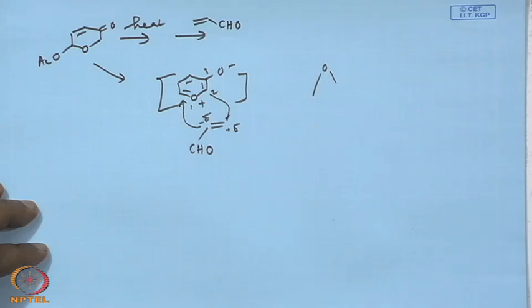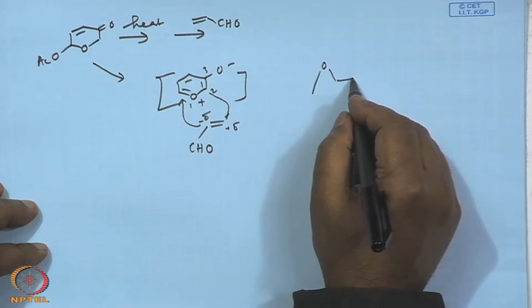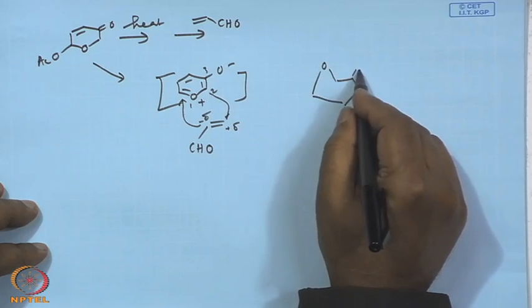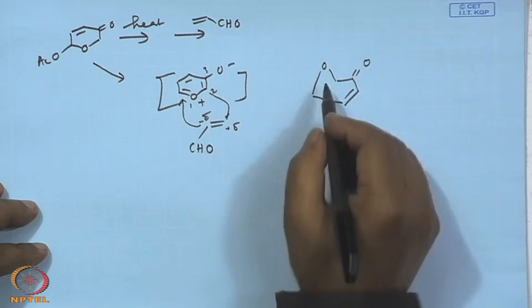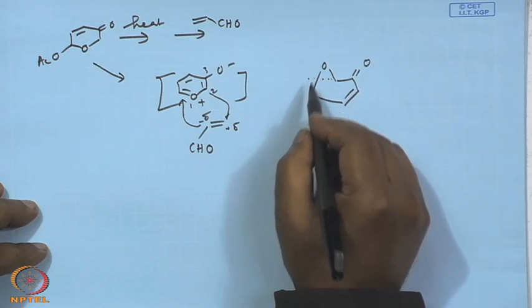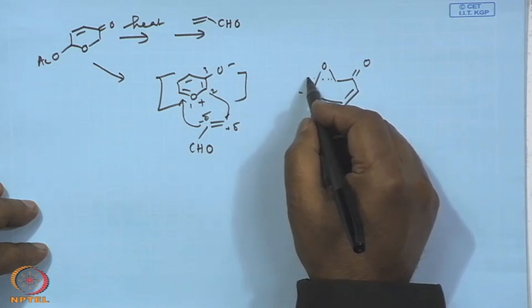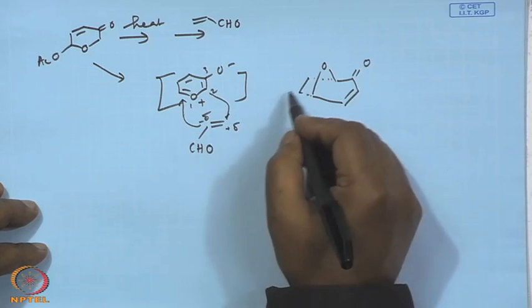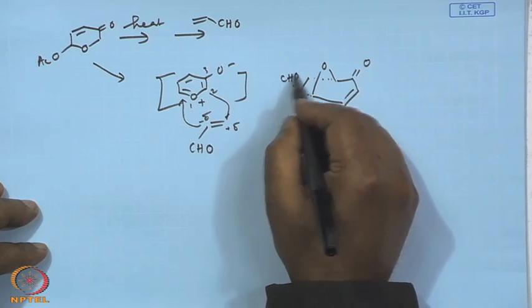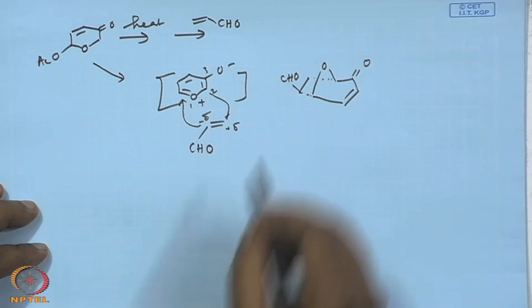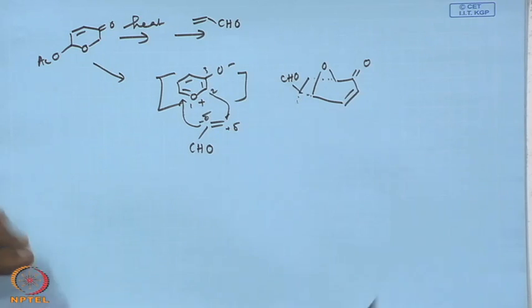And when I write, actually first I write this way, this and the new bonds that are being formed this way. So dotted lines you can say are the new bonds, across this olefin double bond here, and then you have the aldehyde, okay.